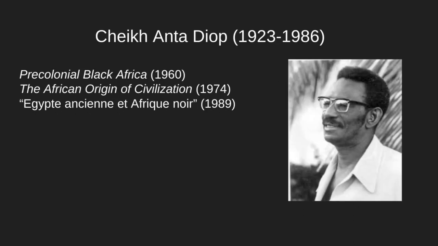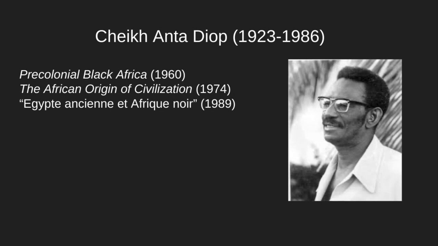Okay. Now, Sheikh Anta Diop is an important Senegalese scientist and thinker, Egyptologist. He lived from 1923 to 1986. He wrote a number of influential books like Pre-Colonial Black Africa, The African Origin of Civilization, and Ancient Egypt and Black Africa in 1989.